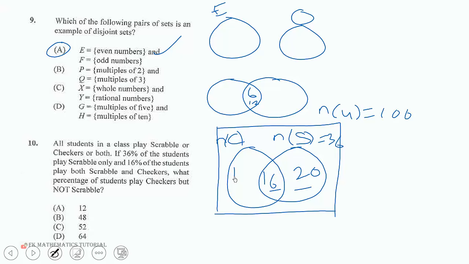So that will be 100 minus 36, and that will give you 64. So 64% of the students play checkers but not Scrabble. So this region is checkers but not Scrabble, or checkers only, which is 64.